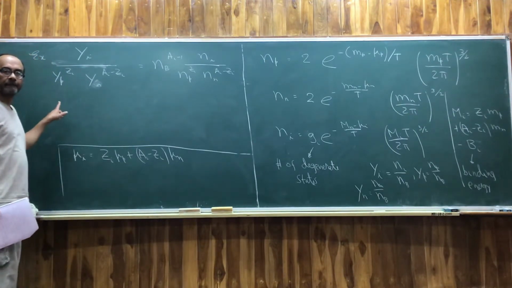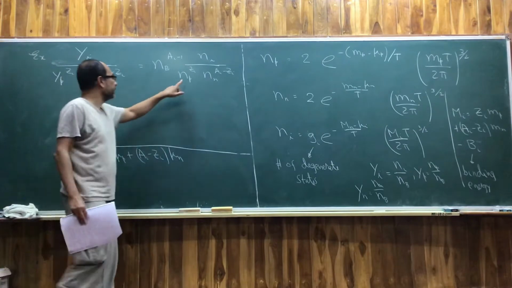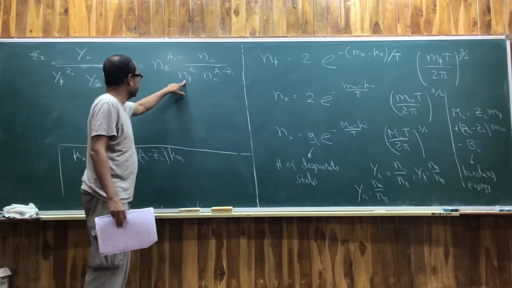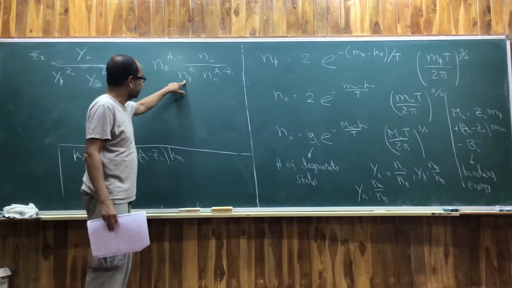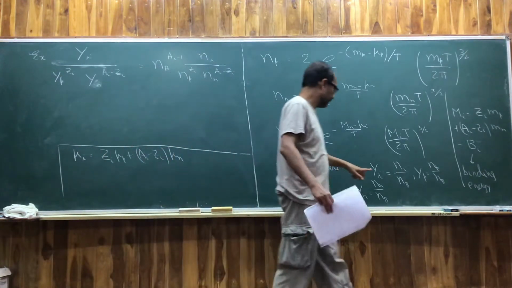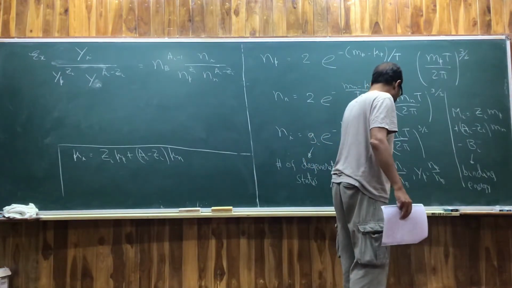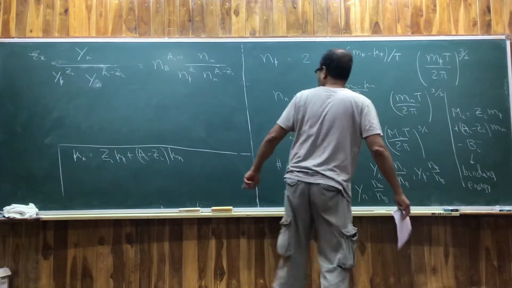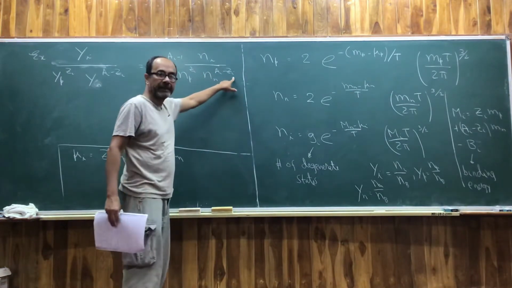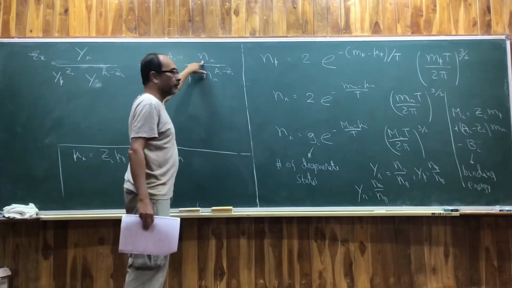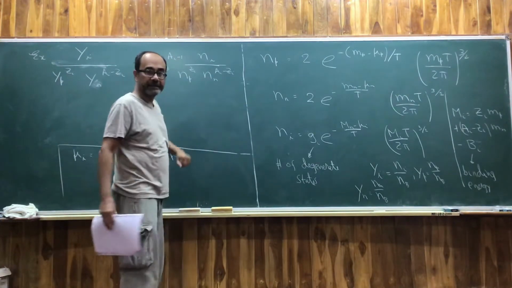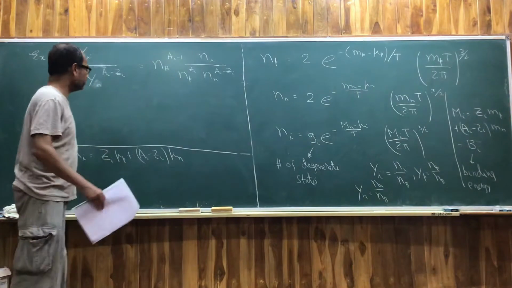Is it okay? Right, because each np will have yp times nb, so you'll get a power of nb to the power zi from here, nb to the power ai minus zi from here, and one power of nb from here. And that's what is being compensated by this nb to the zi minus 1.